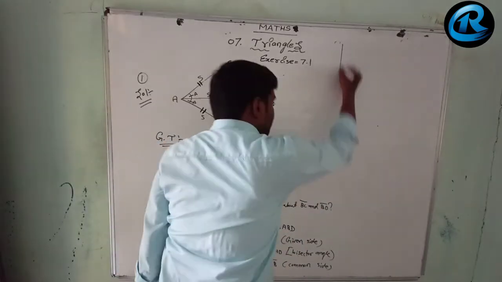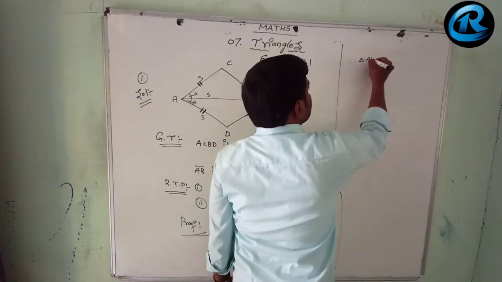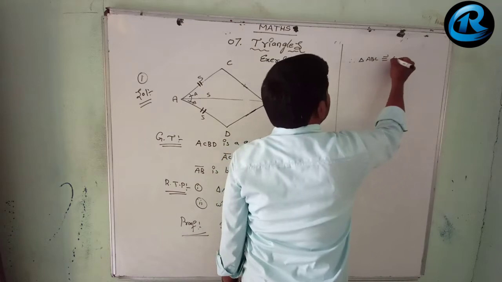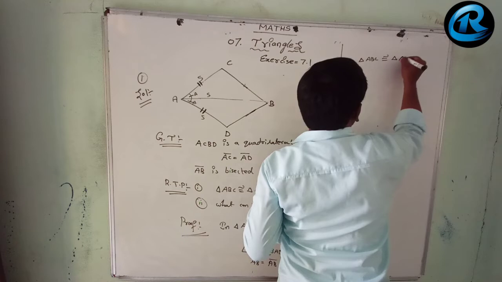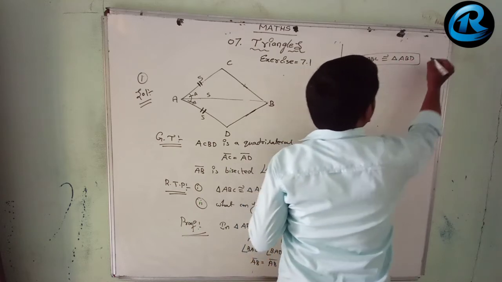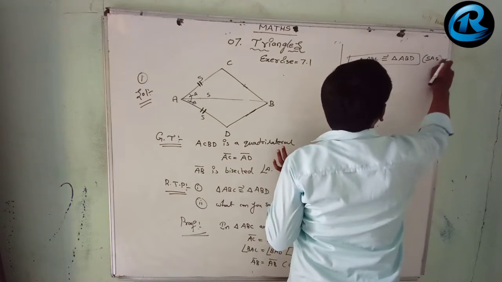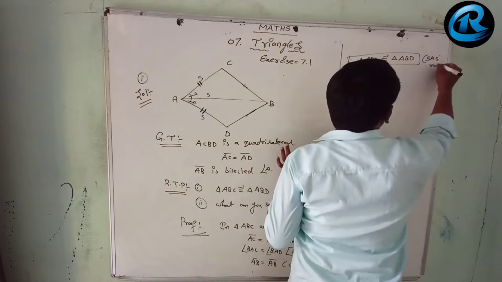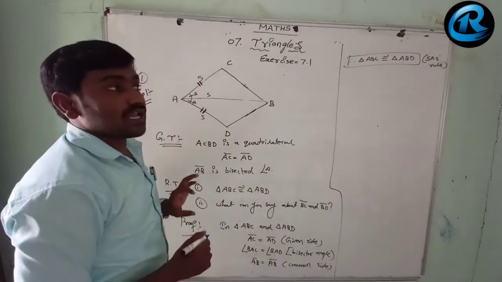So by the rule of, therefore we can say triangle ABC is congruent to triangle ABD. By the side angle side rule, these two triangles are congruent.